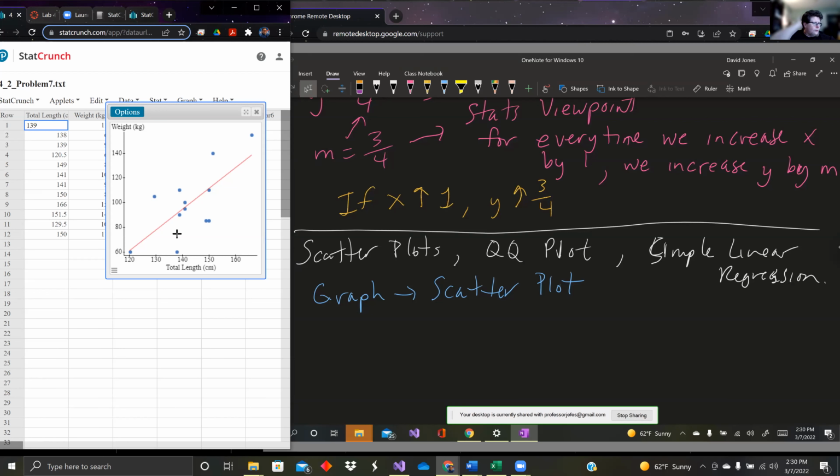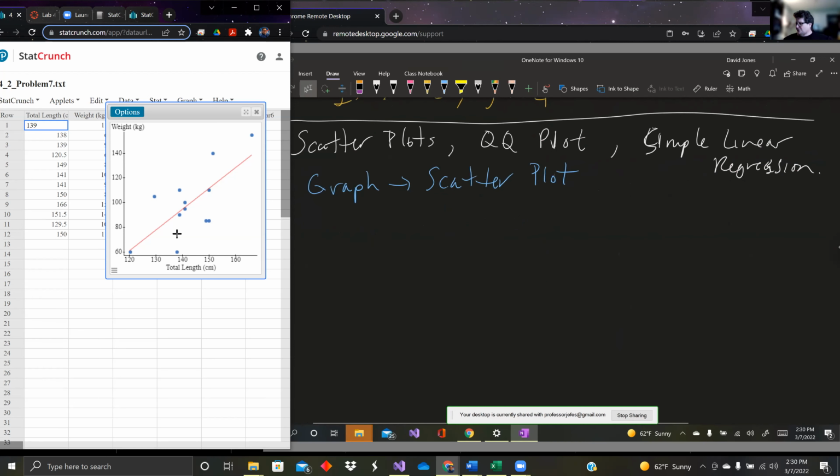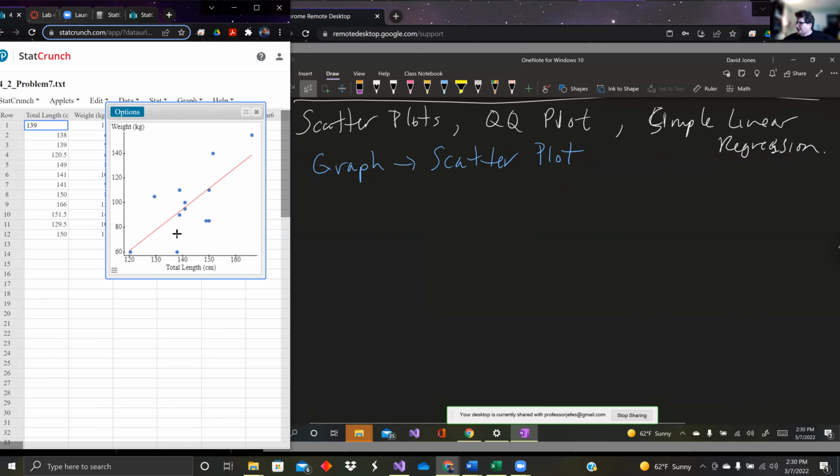So the data is kind of going all over the place. Let's take a look at what we're seeing here. Like in all cases in statistics, data never, ever, ever makes a perfectly straight line.